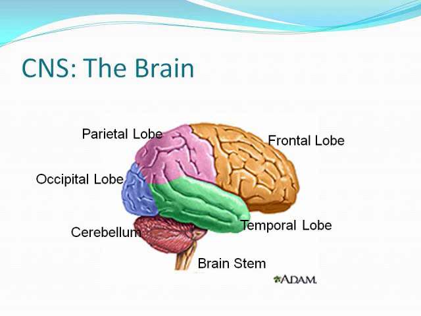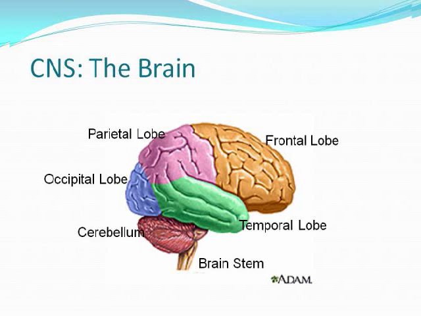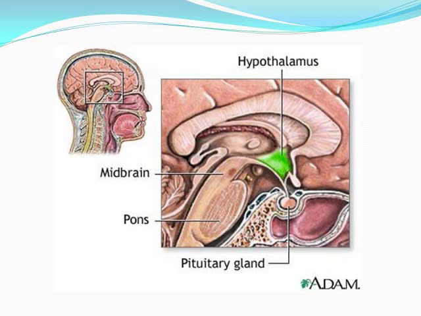And here's a diagram of the brain with all the different lobes labeled. I'm going to refer you to your book for more on the different lobes, and also to the site that I've linked to your assignments that talk about what the different lobes do. Here is inside the brain, the hypothalamus, part of the midbrain.